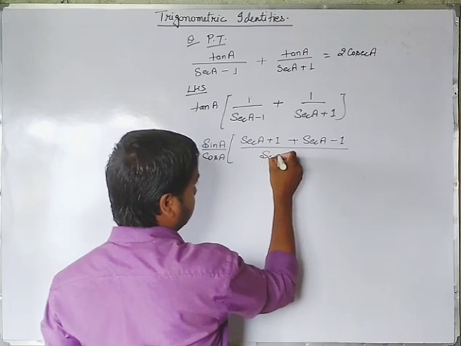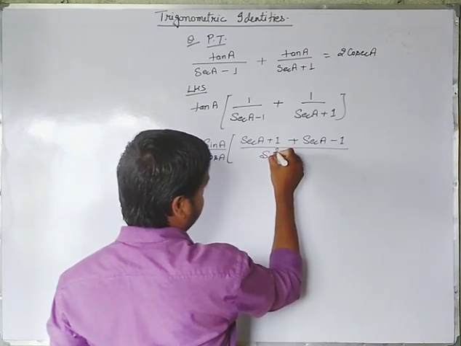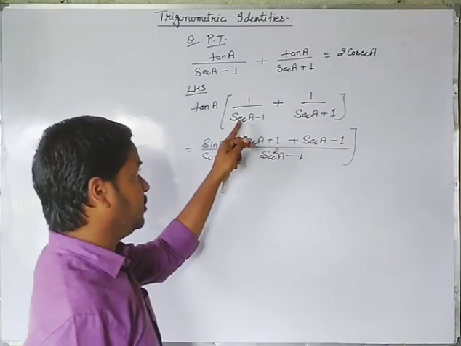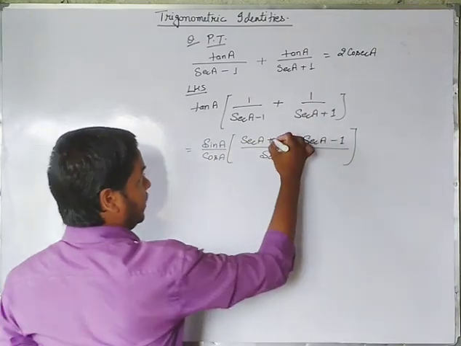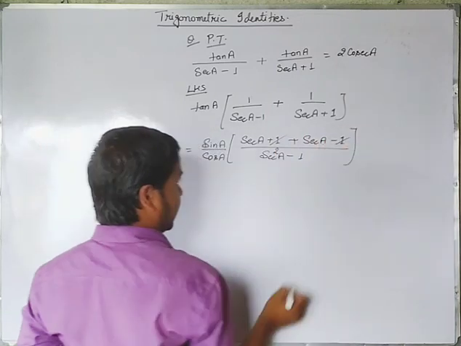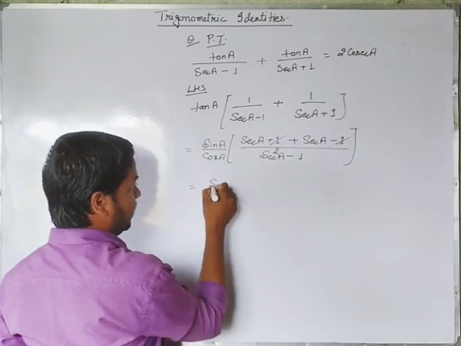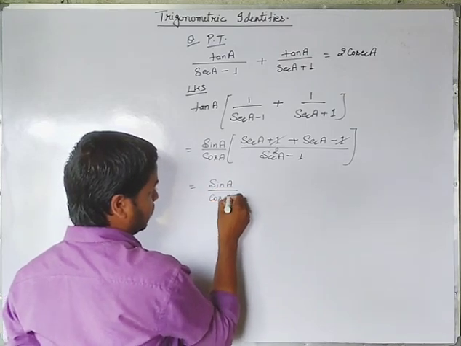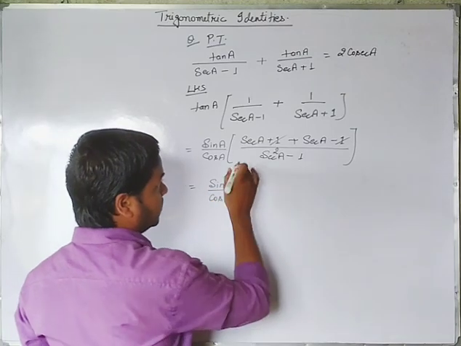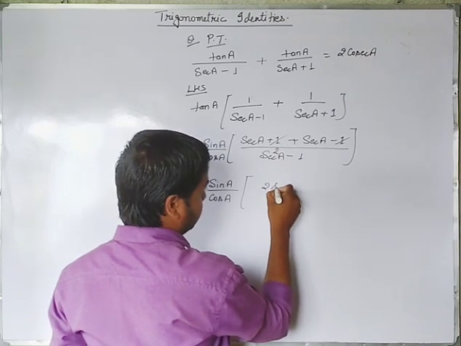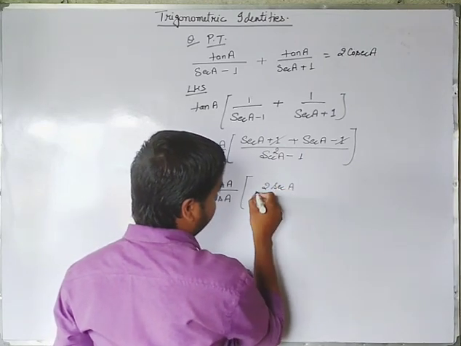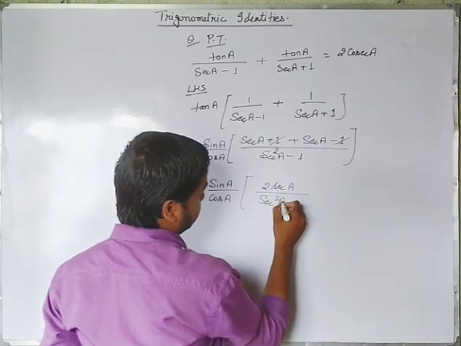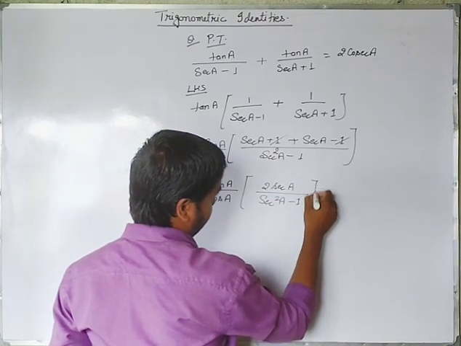What will it become? Sec square A minus 1. Here 1 and minus 1 will cancel each other. We will have here sin A by cos A into sec A plus sec A, that is 2 sec A, by sec square A minus 1.